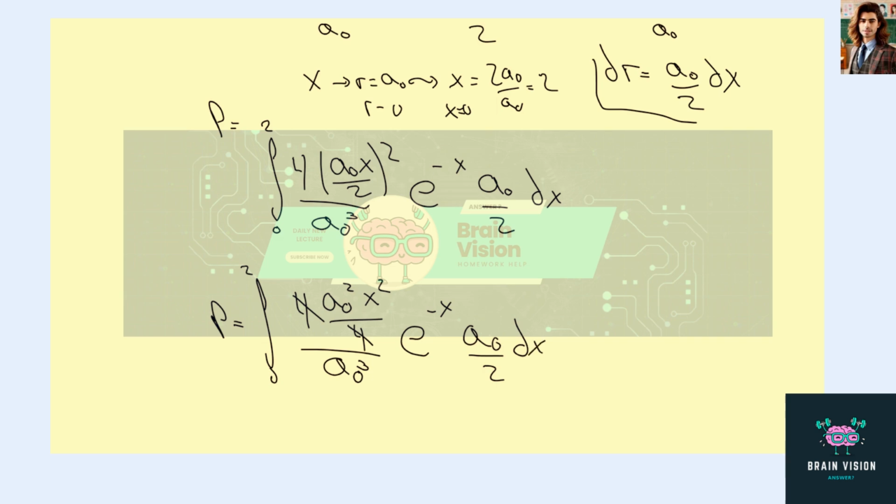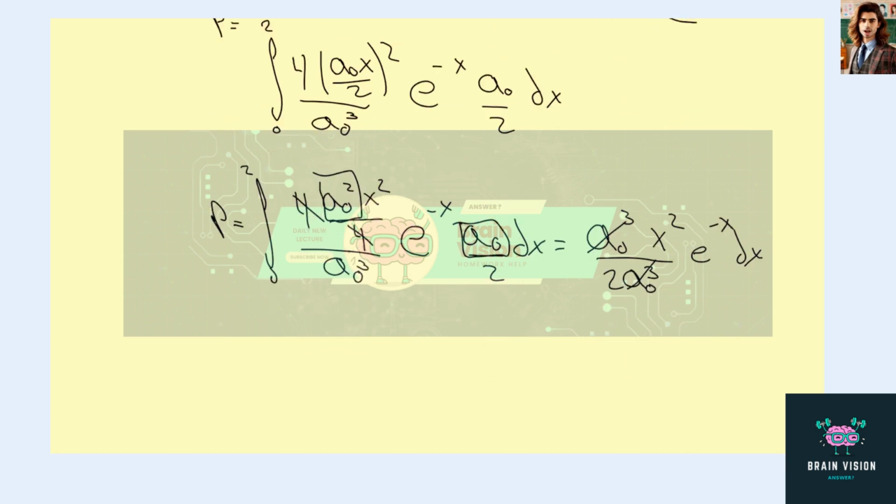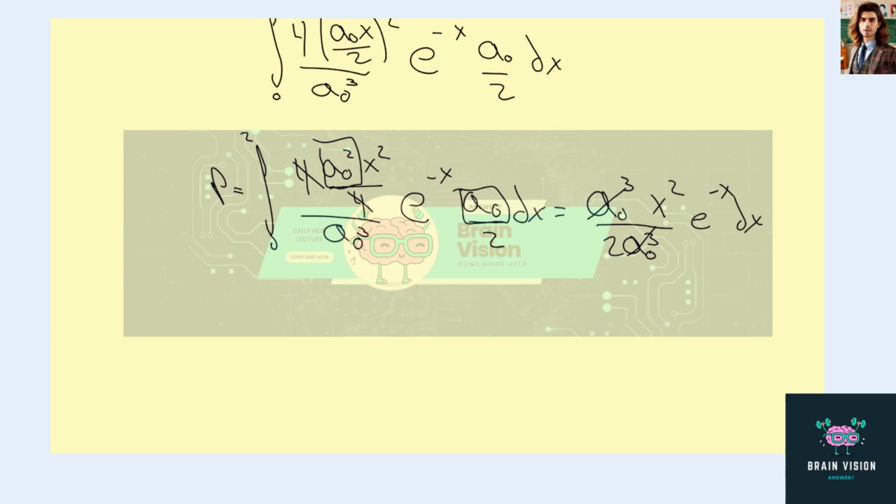As you can see, a0 squared times a0 gives us a0 cubed, and this cancels out. So the integral that I need to solve becomes the integral from 0 to 2 of x squared e to the minus x divided by 2 dx.